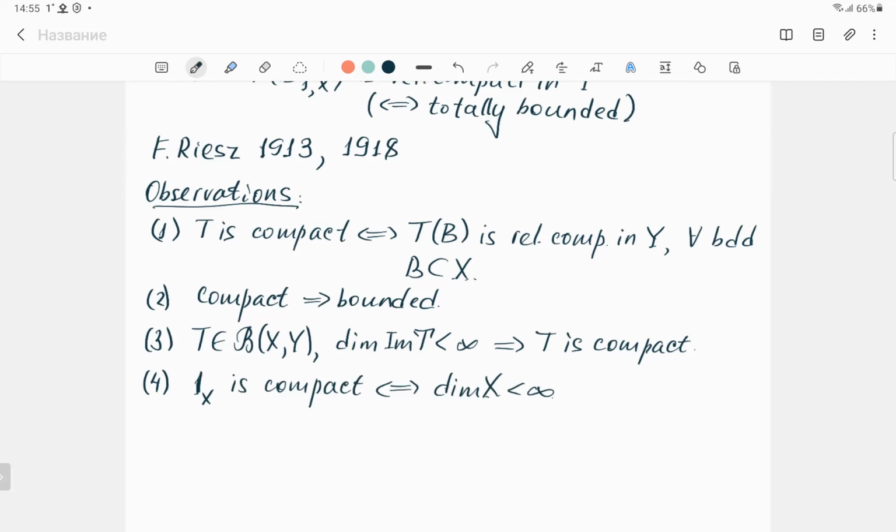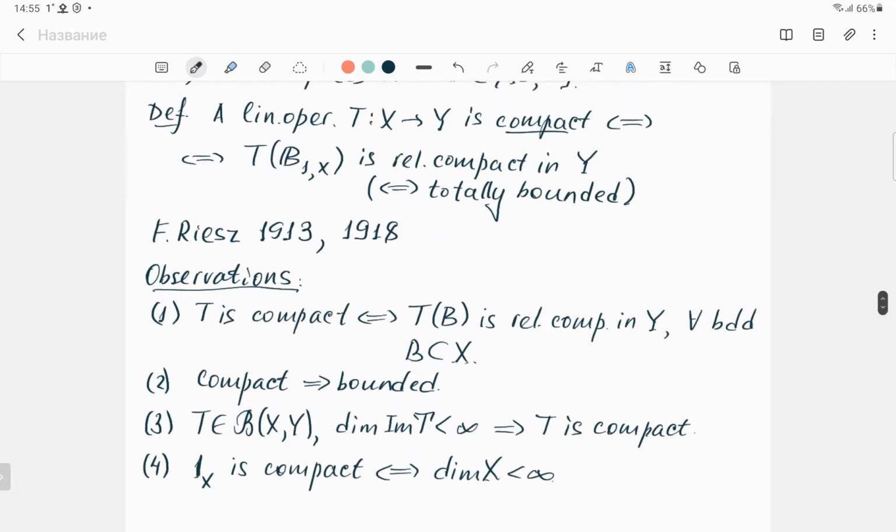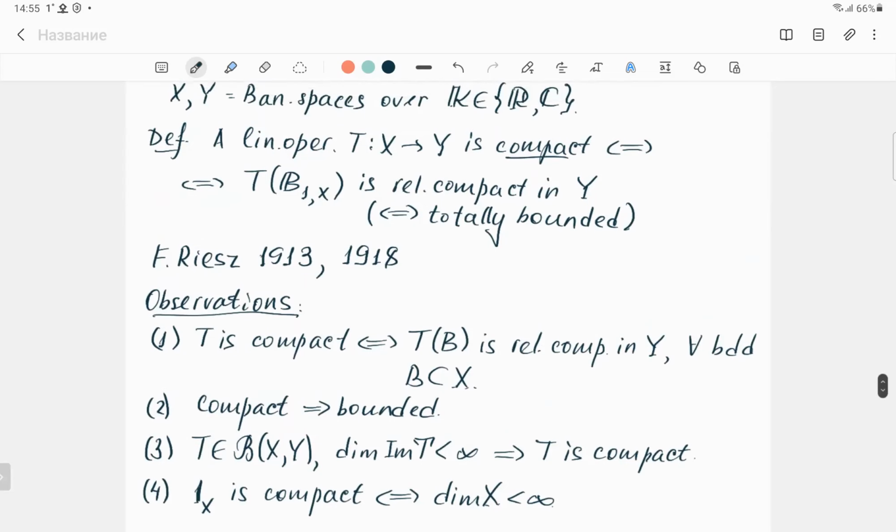By the way, let me also say that of course we could also consider a more general situation in which X and Y are normed spaces, not necessarily complete. But in this case, we have two inequivalent options. We may say that T is compact if it takes the unit ball to a relatively compact set or to a totally bounded set.